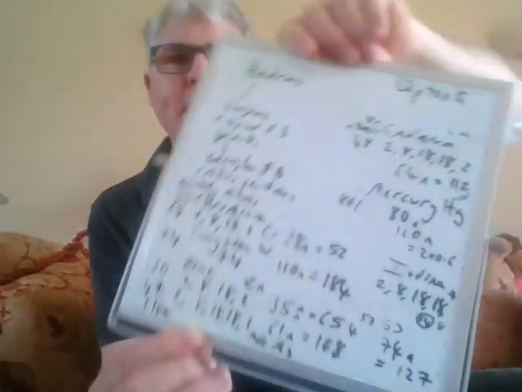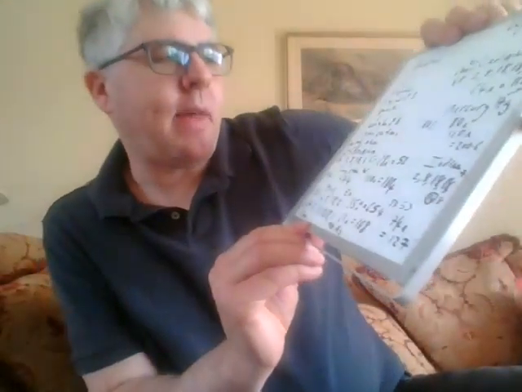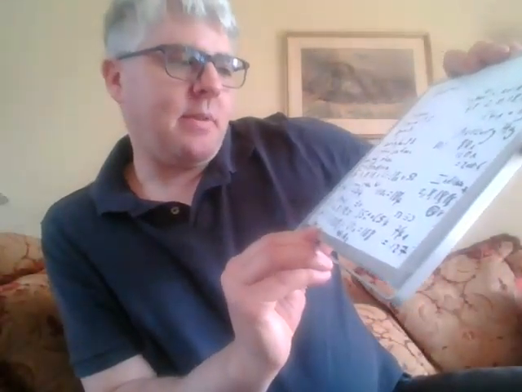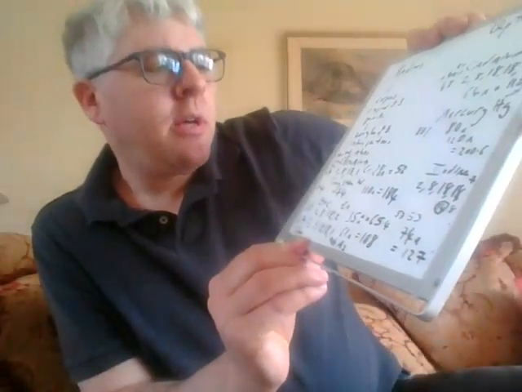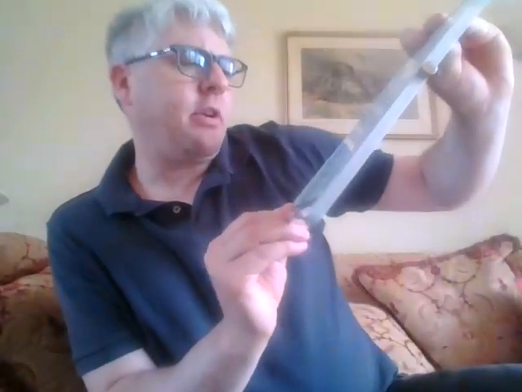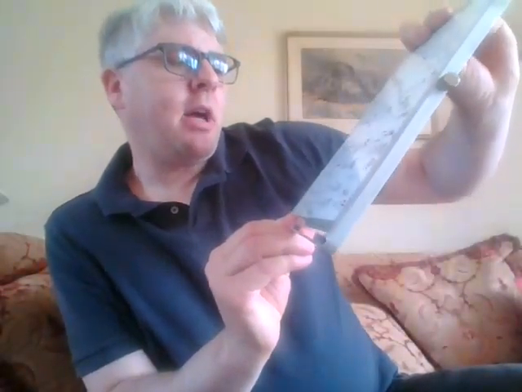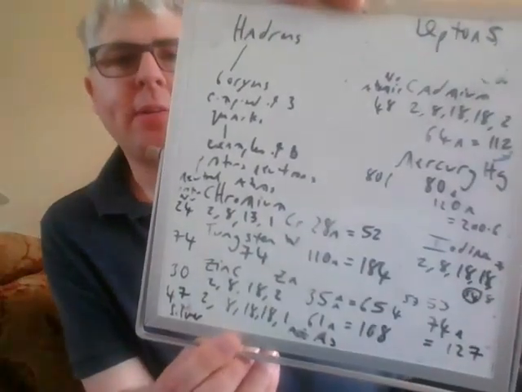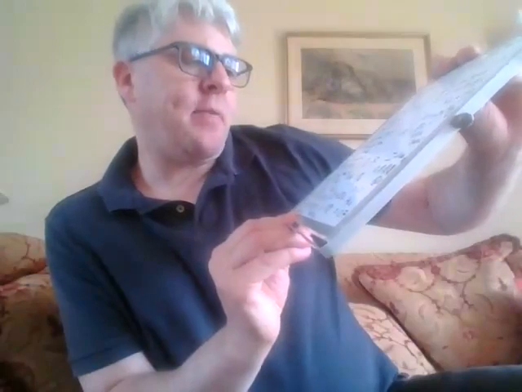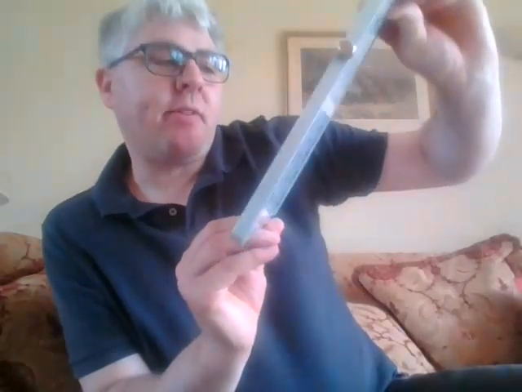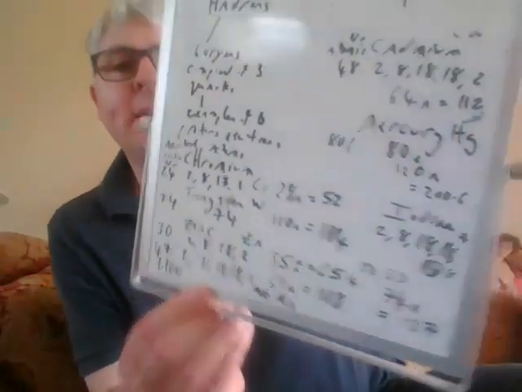And now I just want to show you some elements that I've written down on the periodic table. Chromium, chemical symbol Cr. On your right, on my left, I've got the neutral atoms. I've written down 24 protons, the atomic number. Then I've written the energy levels, which are the electrons: 2, 8, 13 and 1 for chromium.